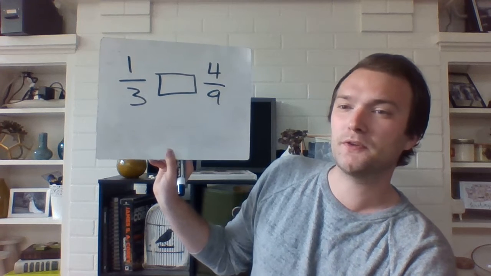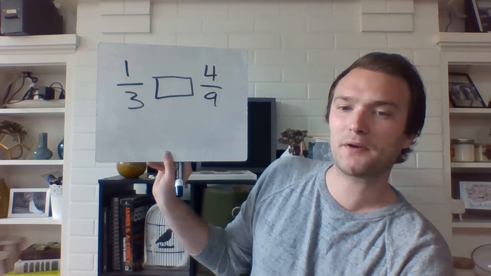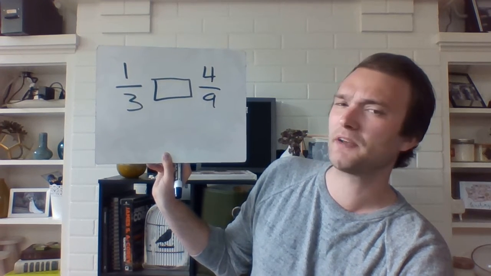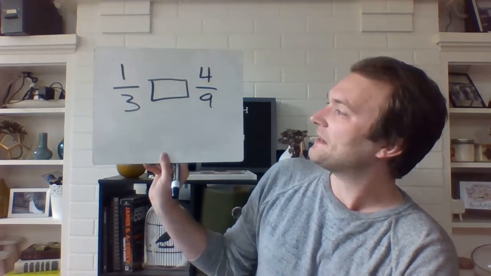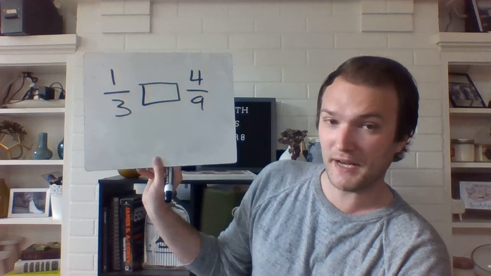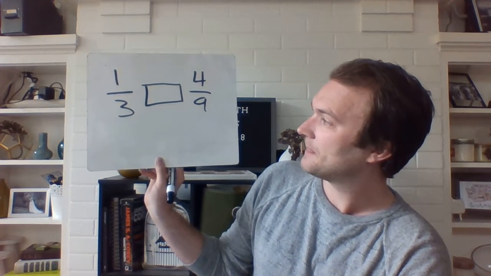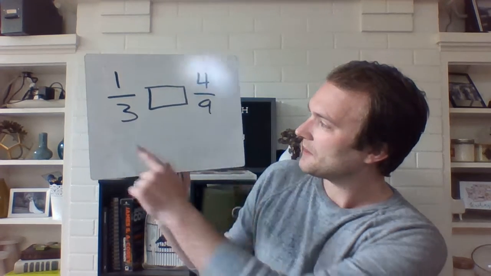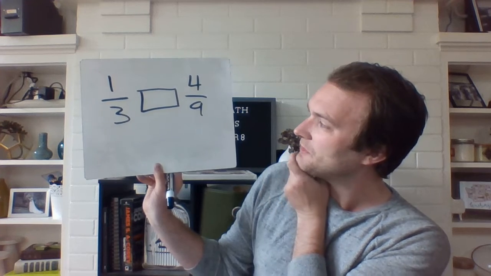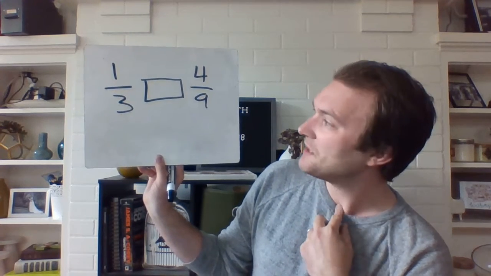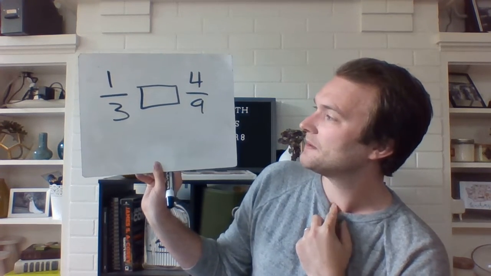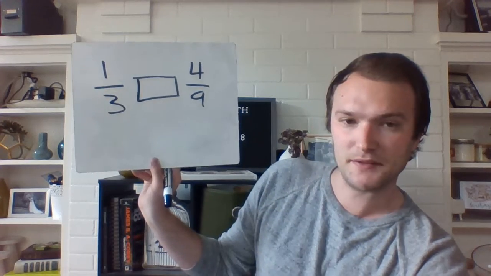So I want to show you how we can use some mathematical equations to solve this and have a really precise answer. So the first thing I need is to have denominators that are the same. So I'm going to look at these two denominators, and I'm noticing that there's a relationship between thirds and ninths.